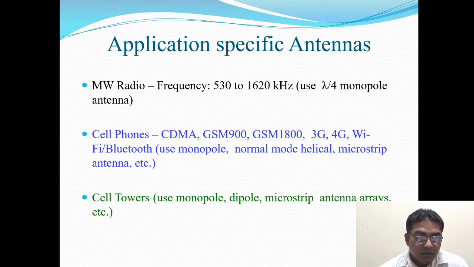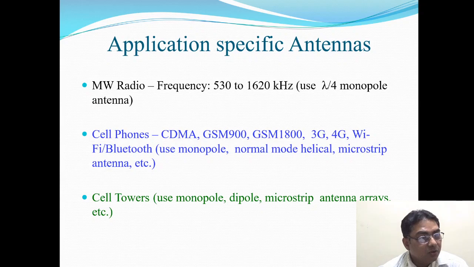For example, CDMA band, commonly known as the 800 megahertz band, then GSM 900, where the band varies from 890 to 960 megahertz. Then GSM 1800 band, which consists of 1710 to 1880 megahertz. Then we have 3G, which is again split into two parts, the transmit part and the receive part.